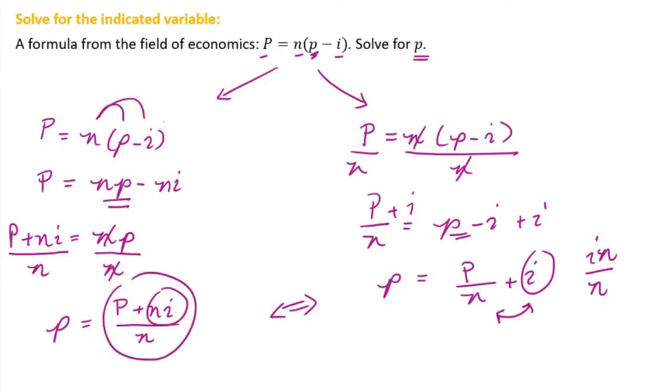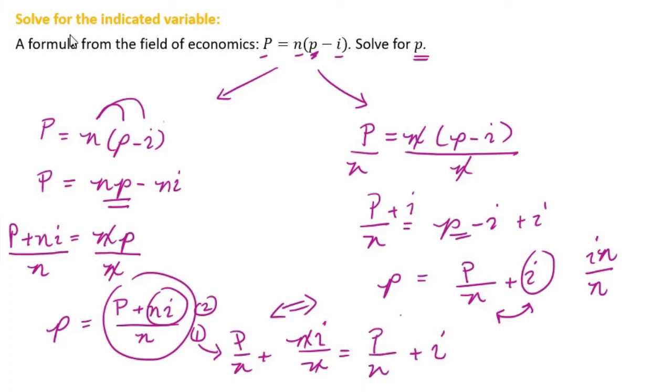Similarly, I could take this piece and say, well, I know that I have one term on the bottom, but I have two terms on the top, so I can't just cross out the n's. I can't cancel my terms, but because I only have one term on the bottom, I could rewrite this as two separate terms. P over n plus nI over n. And then I can cancel the n's. So that gives me P over n plus I. So the two routes are identical.